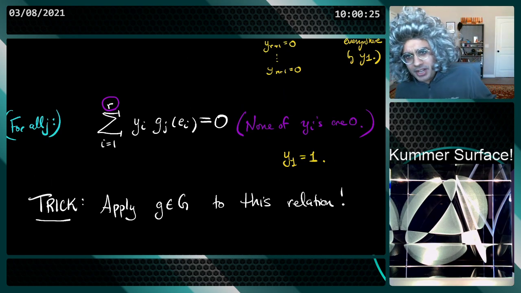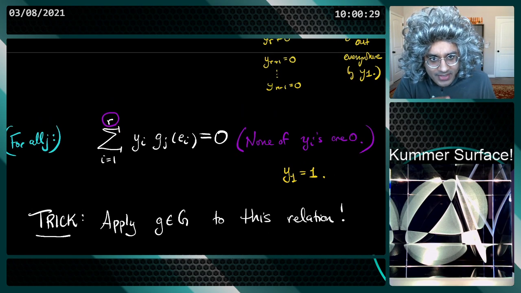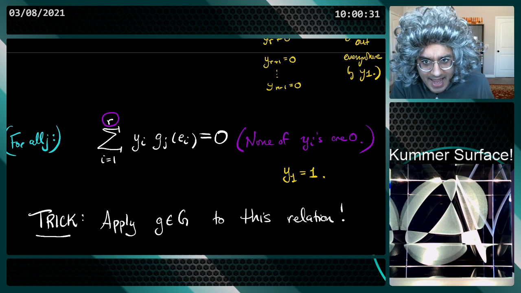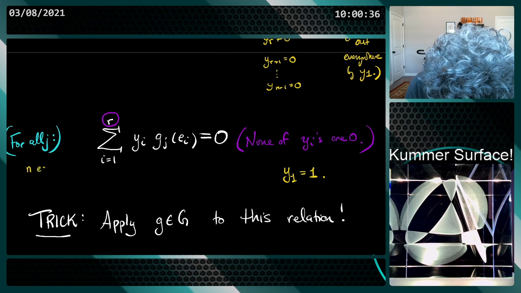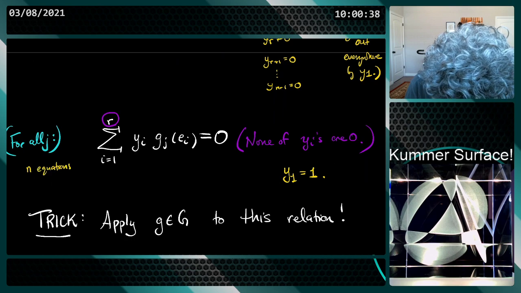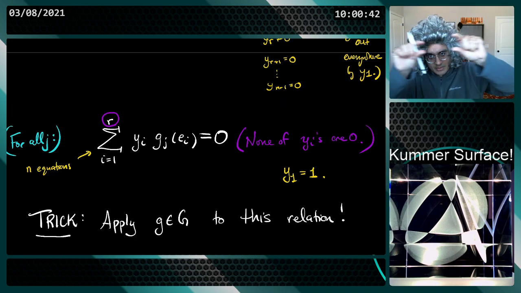I want to emphasize, by the way, that there are n equations on the board right now, one for each j. Think of them as little rows.